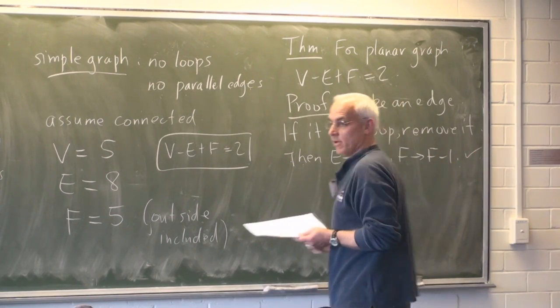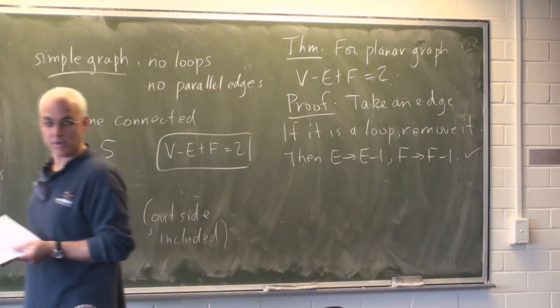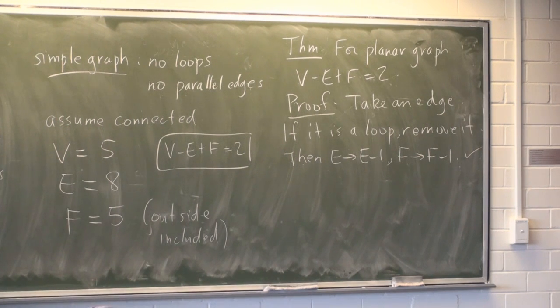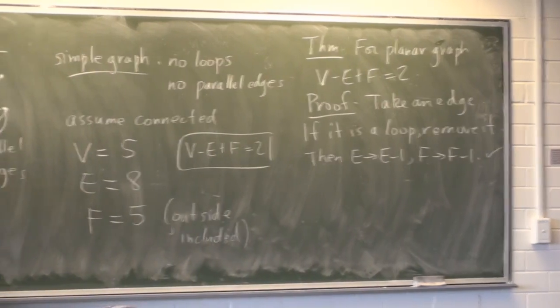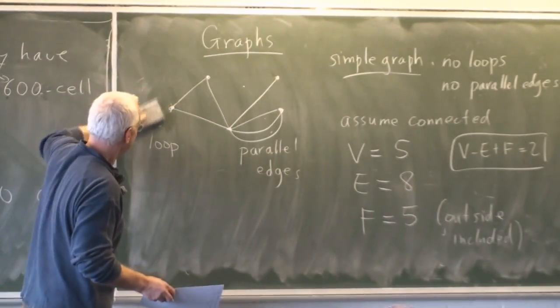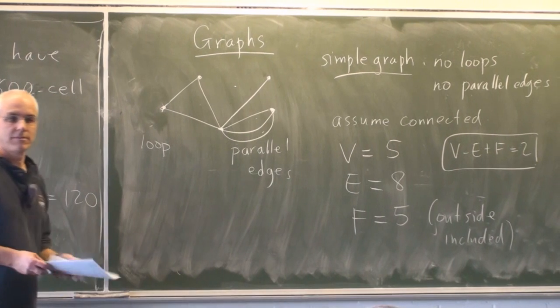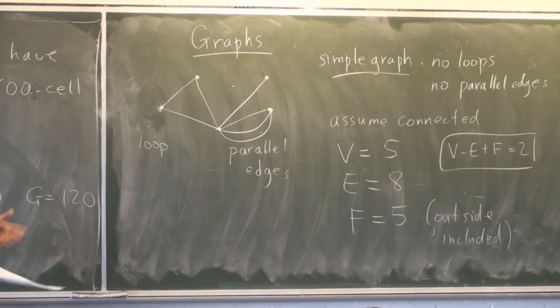And so we are still happy: the combination V minus E plus F has not changed. So here's a loop. According to my instruction, I should just get rid of it. Okay, I will. Okay, now we have a slightly simpler graph.